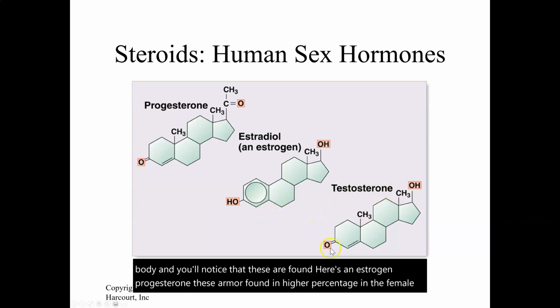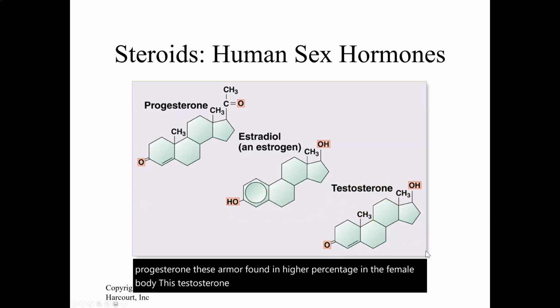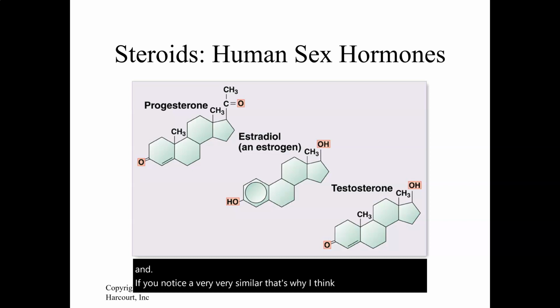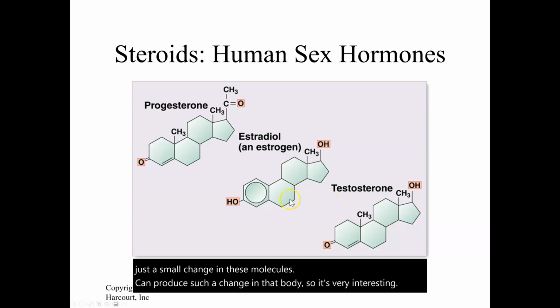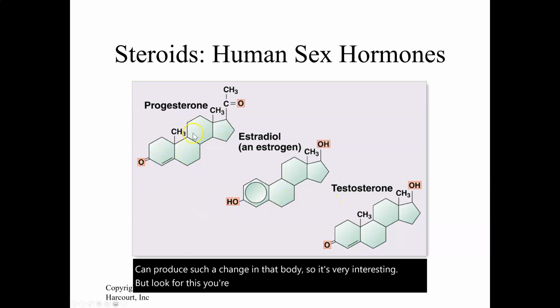This testosterone's higher percentage in a male body. And if you notice, they're very, very similar. So that's why I think it's fascinating that just a small change in these molecules can produce such a change in our bodies. It's very interesting. But you're looking for this 3 hexagons and a pentagon shape to say that that's a steroid shape.